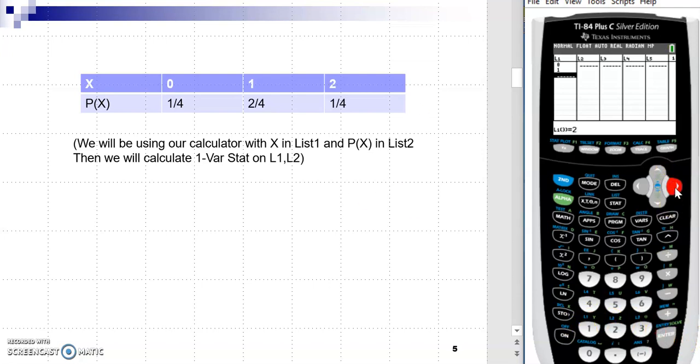And then for list 2, we're going to use 1/4. Notice I'm just typing it in as a fraction, 1 divided by 4. And enter. And then 2/4.